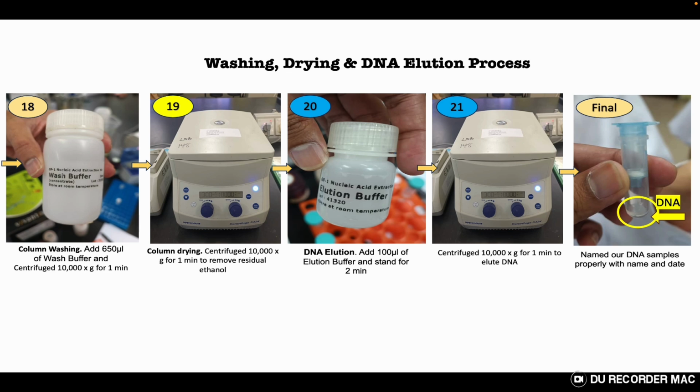Then centrifuge at 10,000 for 1 minute to elute the DNA. Finally, the DNA will settle at the bottom, which is the bacterial DNA that we get. Don't forget to name and write down the dates on our samples.